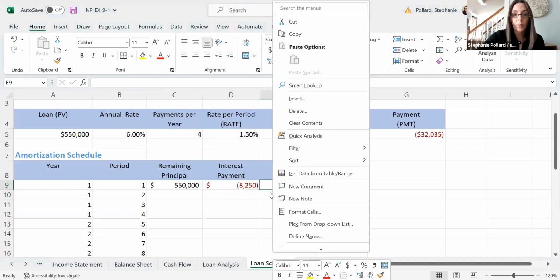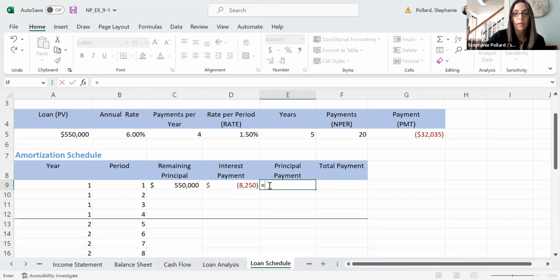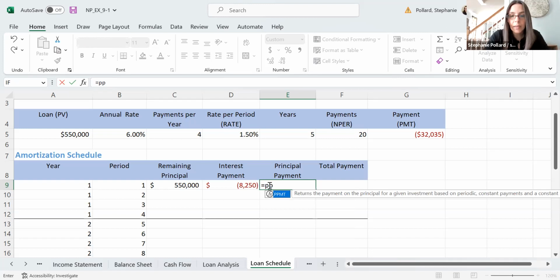Now we have a similar formula for our principal. So how much of the payment goes towards your principal? And we're going to hit PPMT. So principal payment. And again, I'm going to fix the rate here.